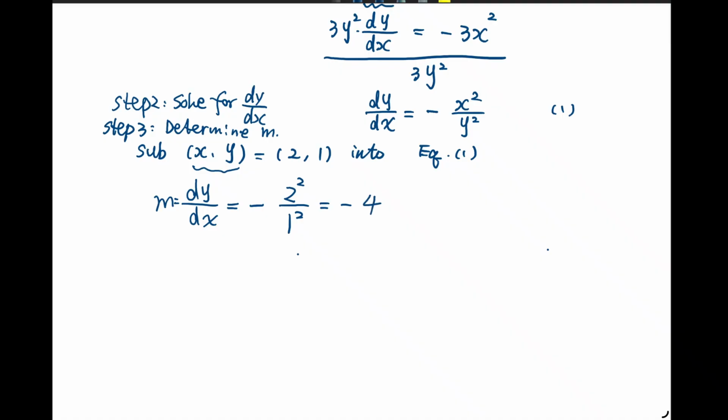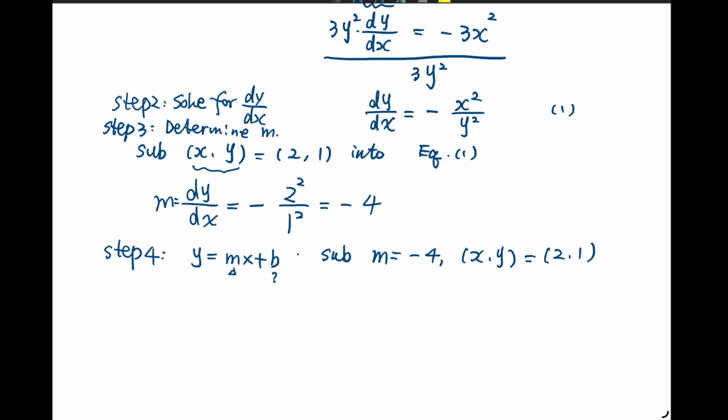Then after that, we are going to step 4 to find the equation y equals mx plus b. In this equation, we have the m already. We want to find the b. And in this equation, we have 4 letters, so we have to sub in 3 of the letters in order to find the last one. So we have m equals negative 4. The xy, the point on the line, is 2 and 1.